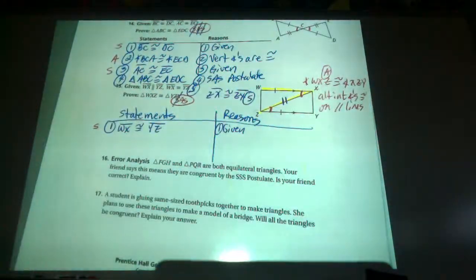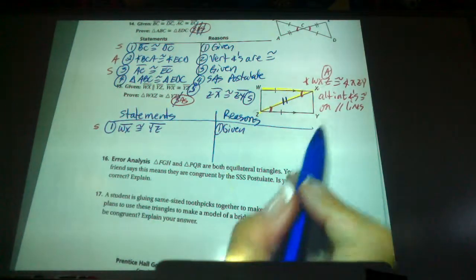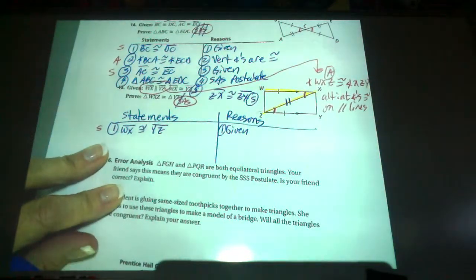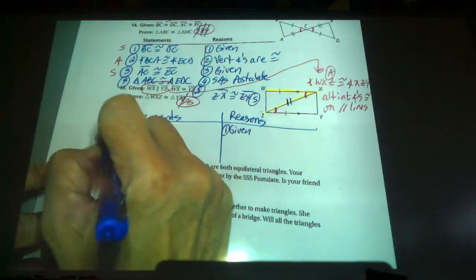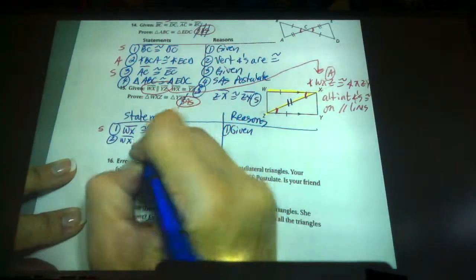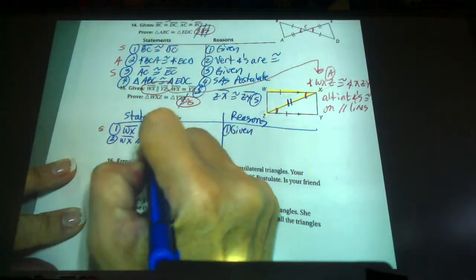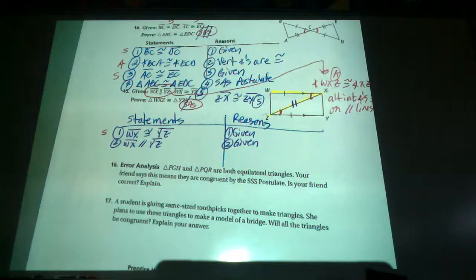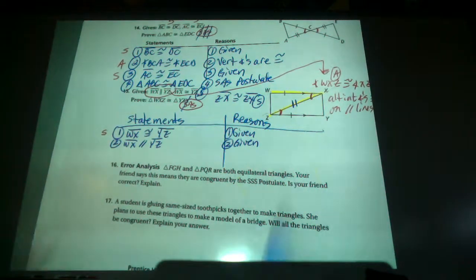I'm going to cross out the first S. What's coming next? Yeah, the angle with the parallel line. So in order to prove the angle is congruent, I used this right here to make that conclusion. So we do have to start with a parallel line. So step 2, I'm going to write small, WX is parallel to YZ. How do I know that? Given. That does not give me an angle or a congruency statement at all yet. From there we concluded that the angles were congruent.